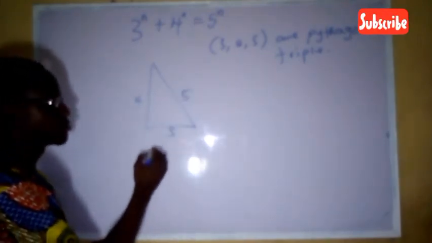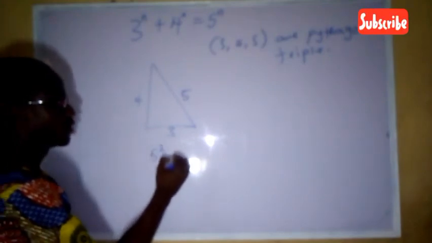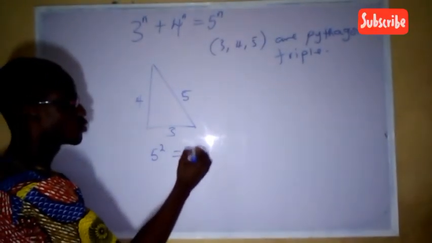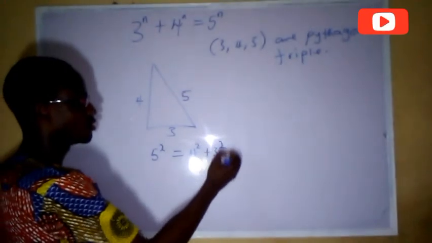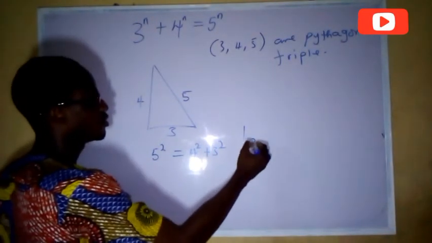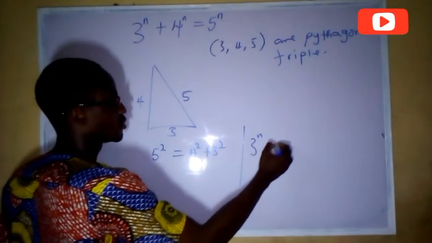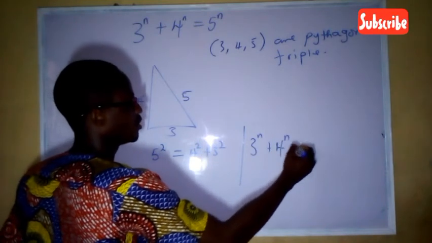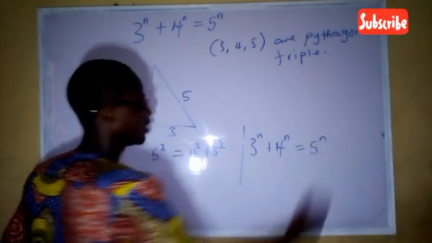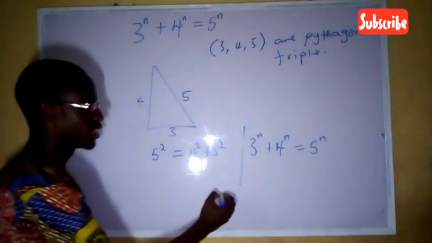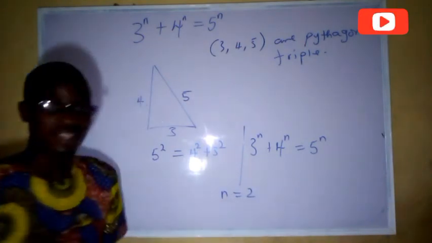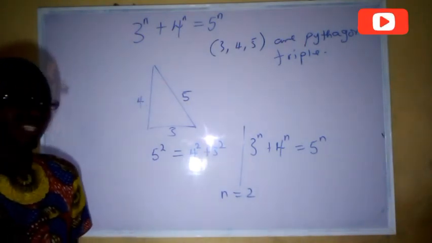So meaning that 5 squared equals 4 squared plus 3 squared. Comparing that to 3 raised to the power n plus 4 raised to the power n equals 5 raised to the power n, we should see that n equals 2. So that is the first method, the Pythagorean triple.